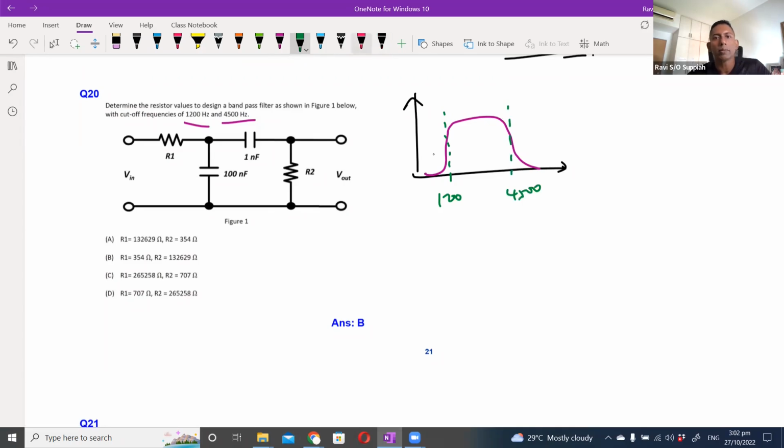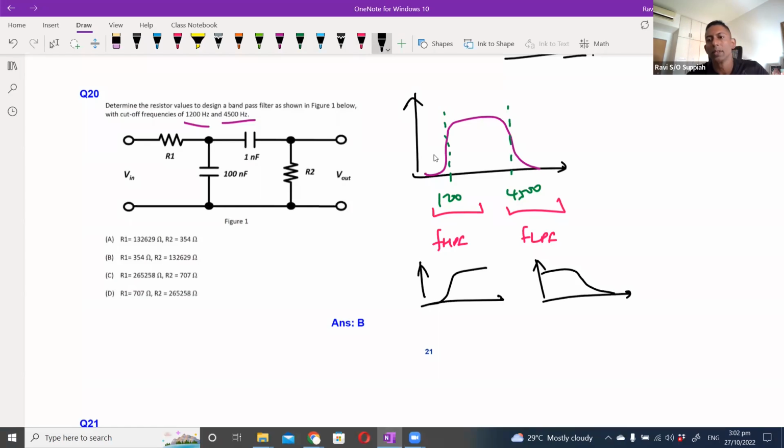Now you have to always remember that this is actually your cutoff for the high pass filter, and this is actually the cutoff for the low pass filter, because the high pass filter's response is always like this, and the low pass filter's response is always like this. So when you design a band pass filter, the high pass filter cutoff comes first, then the low pass filter cutoff comes later.